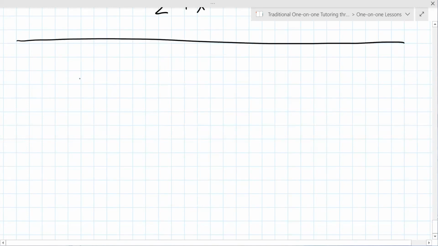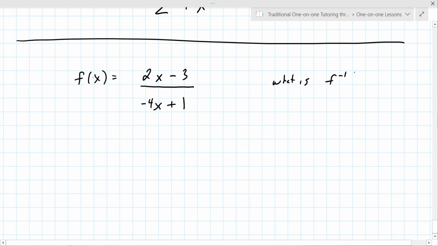So we're going to come back to this, but let's do another problem like this where I have you find the inverse of something very similar, but this time I'm going to put numbers in it. Okay, so 2x minus 3, over minus 4x plus 1. And the question is, what is f inverse of x?